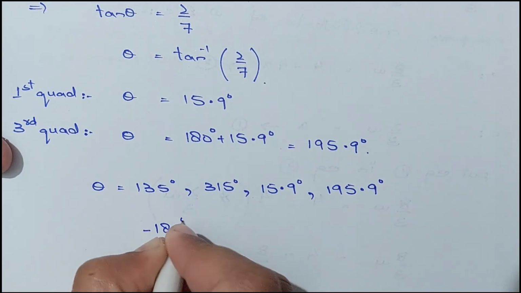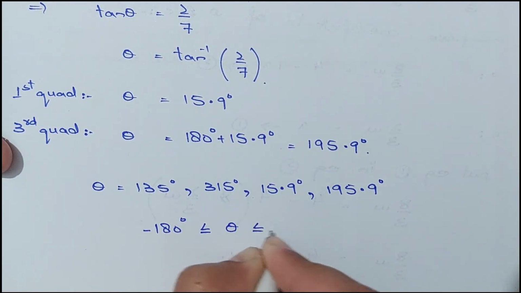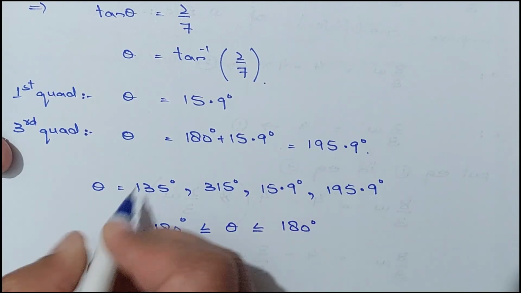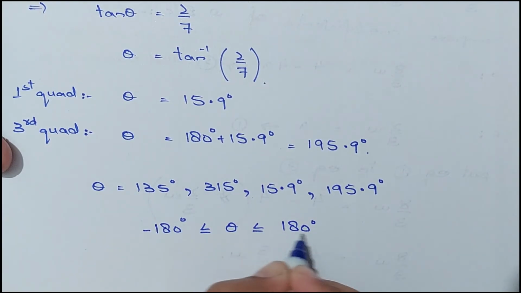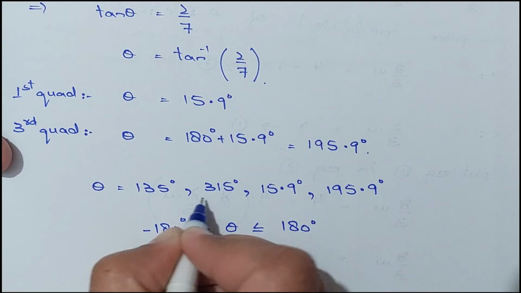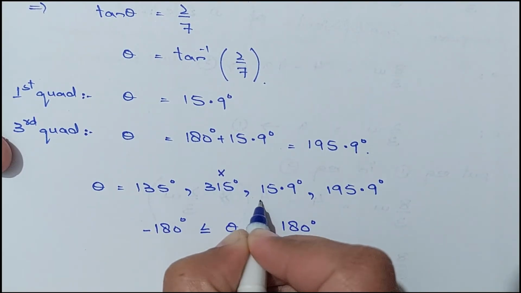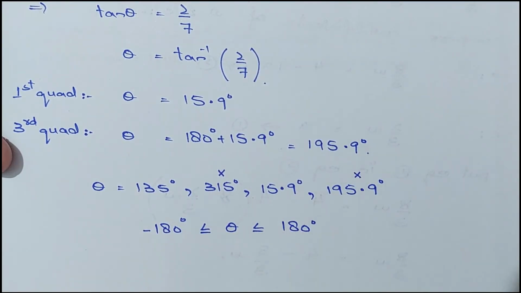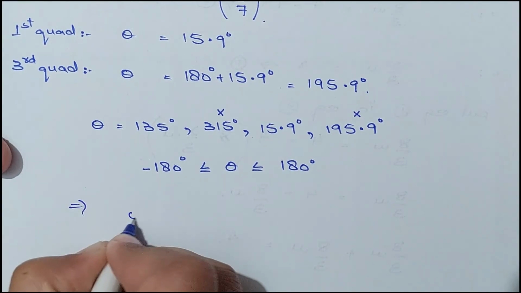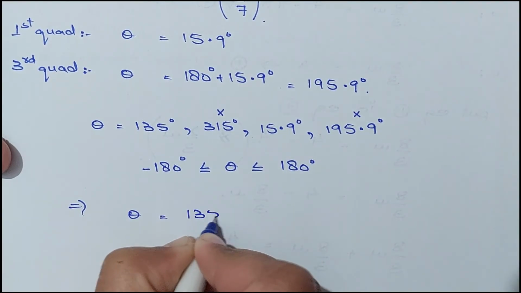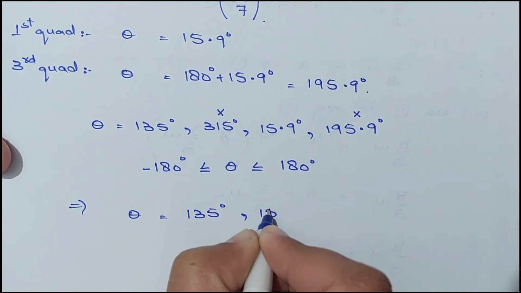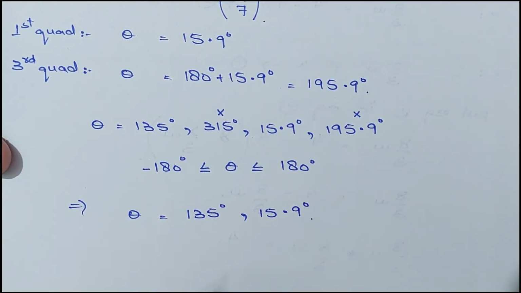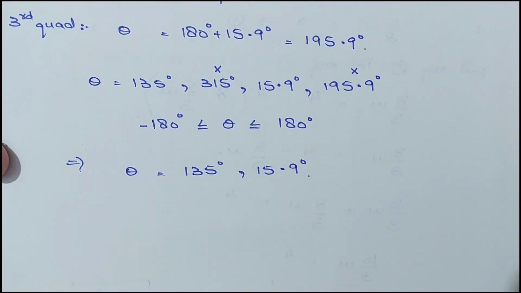Minus 180 degrees is less than or equal to theta is less than or equal to 180 degrees. 135 is in the range, 315 is not. 15.9 is in the range, 195.9 is not. So the positive values of theta are 135 degrees and 15.9 degrees.